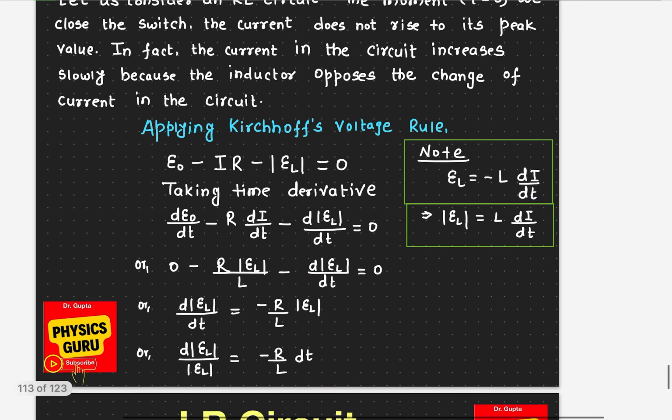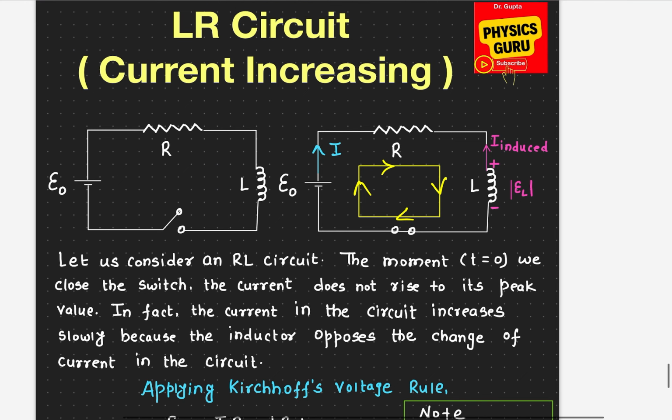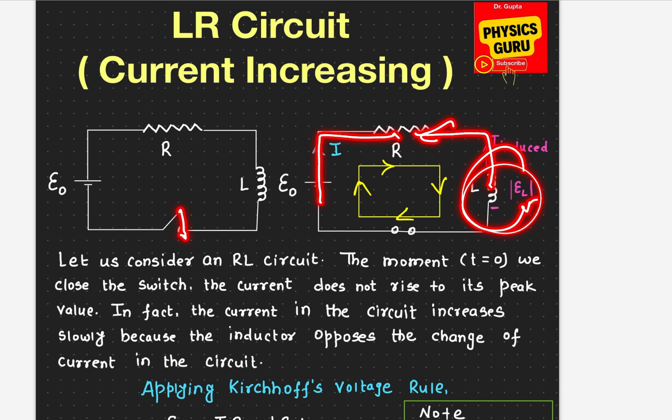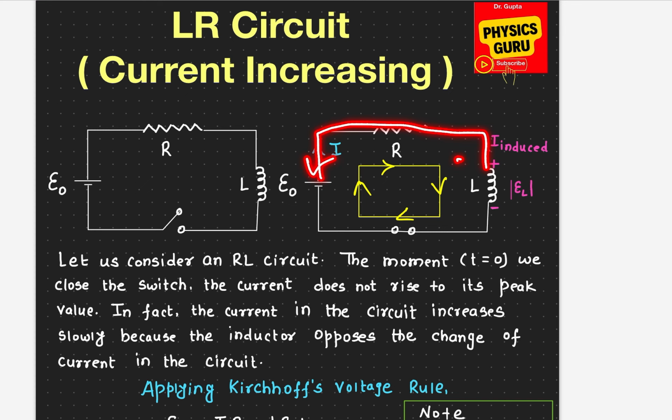We have already done these things, but again, by Lenz's law, the moment we close the switch, the current starts increasing. The inductor hates changes, so the induced EMF will be in this direction. As the induced EMF is in this direction, this terminal must be positive and this one must be negative. Whenever you think about the direction of the current, do not think about going directly across.